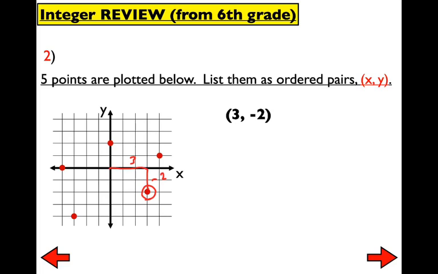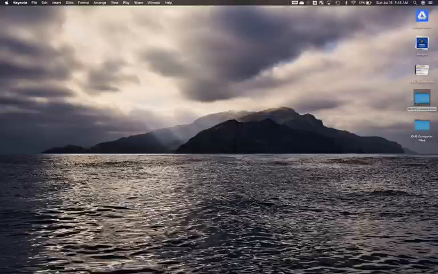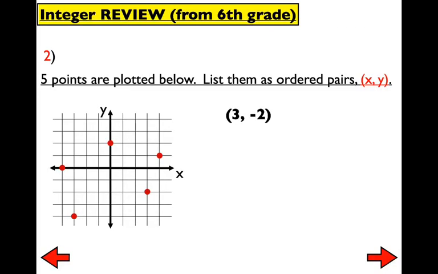All right, so another ordered pair would be at 4, 1, which happens to be that ordered pair right there. Another one would be -3, -4, which happens to, of course, be that ordered pair right there. And then we have 0, 2, which happens to be this ordered pair, and that happens to be on the y-axis.